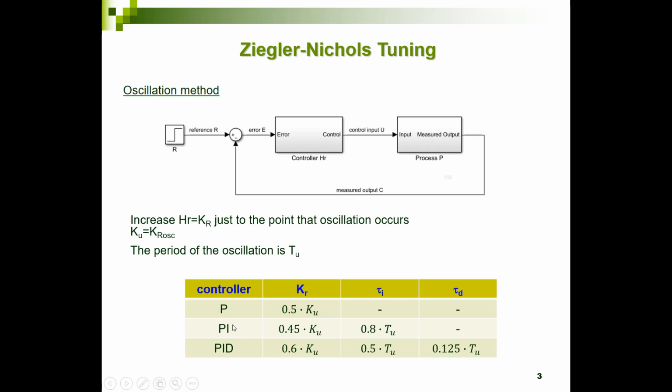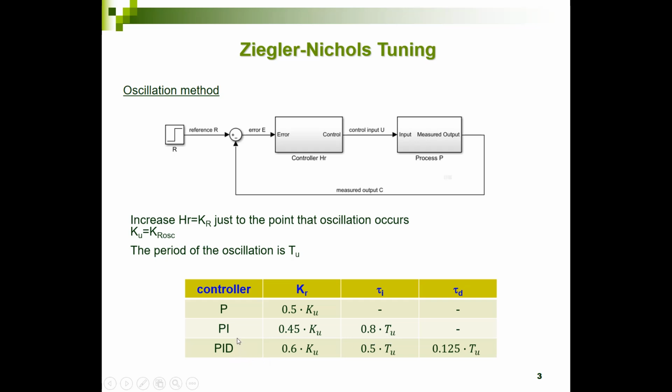When you want to implement a PI controller, you have to set Kr to 0.45 times Ku, and that is somewhat lower than with only a P action because the integrator will not help in stability. So we have to increase the gain margin somewhat more. And tau I can be set to 0.8, 80% of the oscillation time Tu.